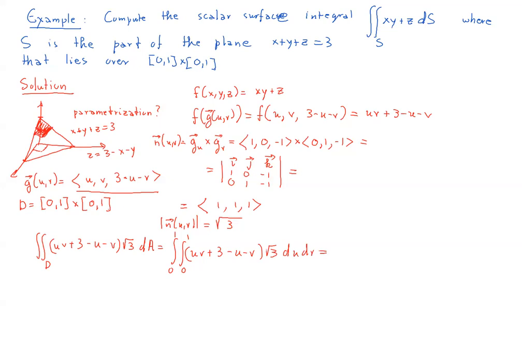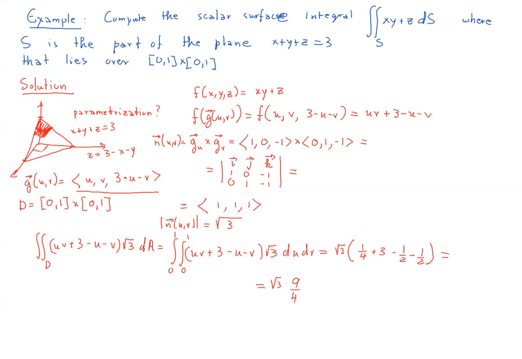And this cannot be such a hard integration. In fact, if we carry out the integration, what we're going to get is 1/4 plus 3 minus 1/2 minus 1/2. And this can be computed to be square root of 3 times 9/4. And we can leave it like that. There's no further simplification that we can apply here.